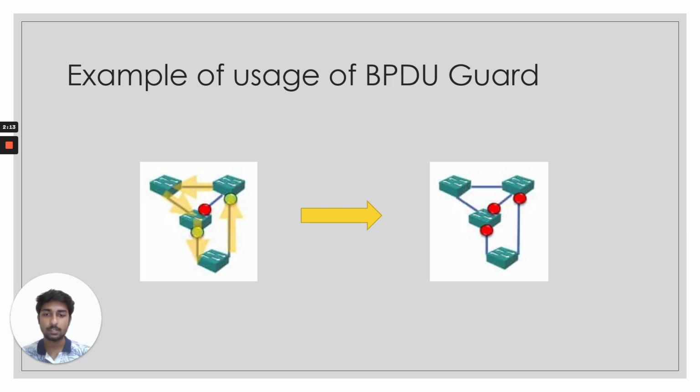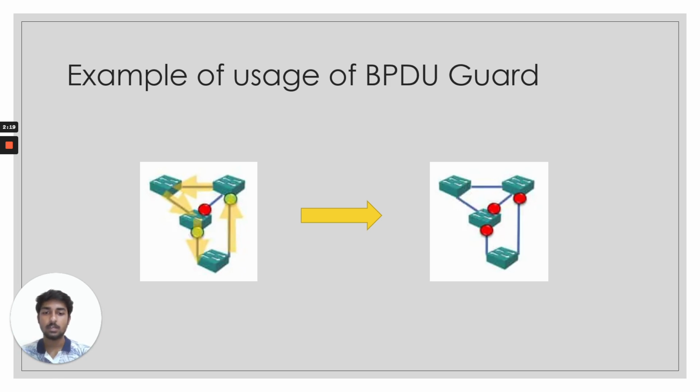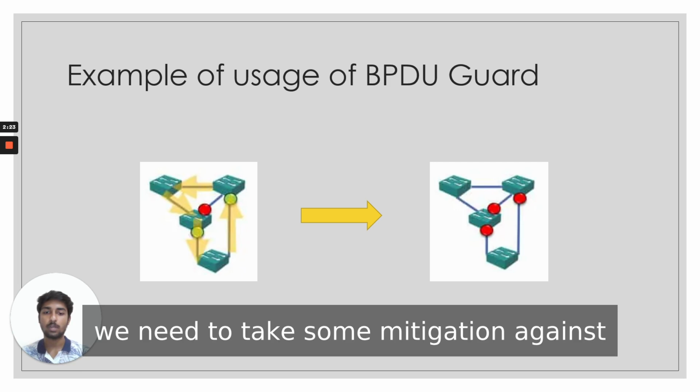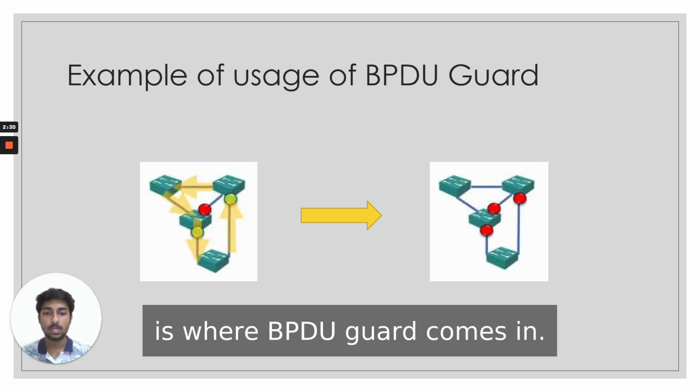By doing that, they've formed a loop and now you're going to get a broadcast storm. It's dangerous enabling port fast, therefore we need to take some mitigation against this kind of problem happening, and that is where BPDU guard comes in.